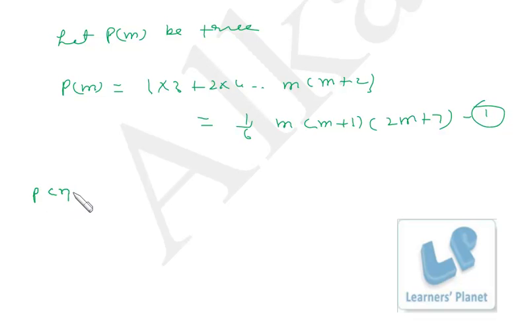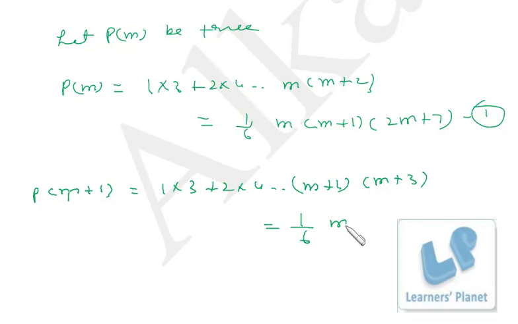So Pm plus 1 is 1 into 3 plus 2 into 4 till (m plus 1) into (m plus 3), instead of m I'll write m plus 1, is equal to 1 upon 6 into (m plus 1) into (m plus 2) into (2m plus 9). That we have to prove.